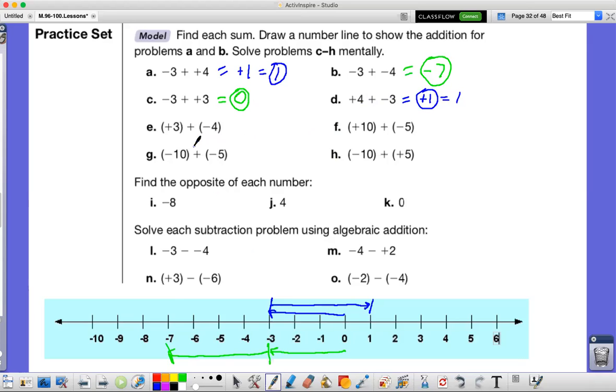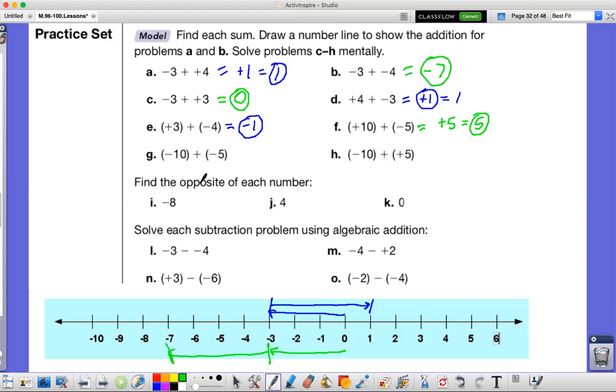That's correct. What about letter E? +3 plus a -4. -1. What about F? If you have a +10 plus a -5. +5, which is the same as just 5 also.